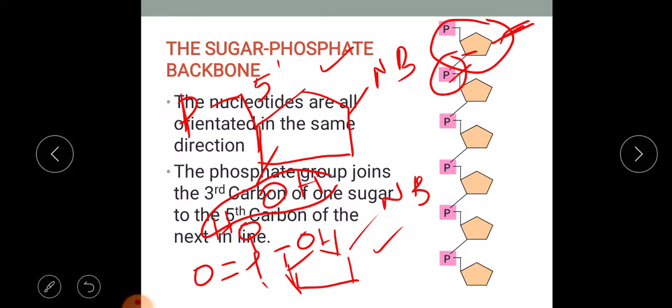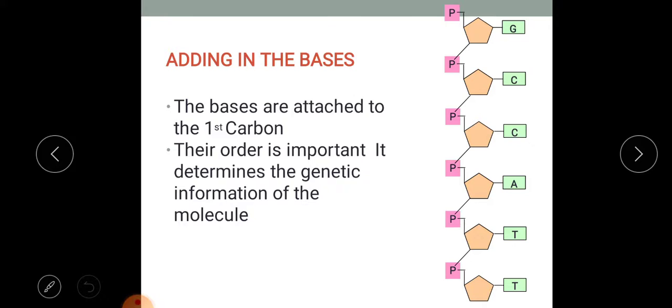I can show you in the next figure, that linkage is known as phosphodiester linkage, because you have a phosphorus, then oxygen, then it is attached to the C3 carbon.